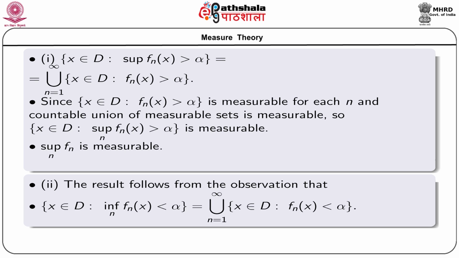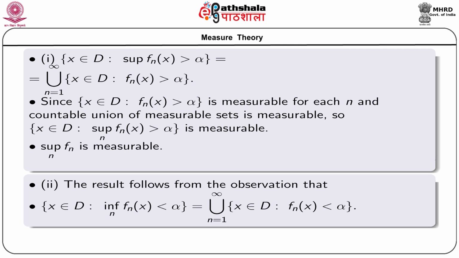Now, see that if the sequence of functions f n is pointwise convergent to a function f, that is the limit of f n exists, then the limit of f n is equal to the lim sup and lim inf, both are measurable. So, the limit of f n is also measurable.